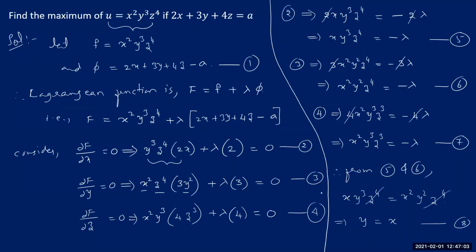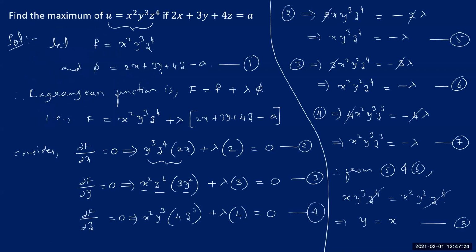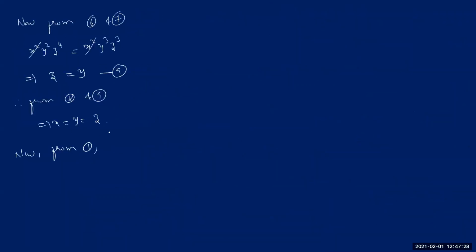When you look at equation 8, it is x is equal to y, and here it is y is equal to z. So from equations 8 and 9, we can write x is equal to y is equal to z. Now, from equation 1, see the condition you are given: 2x plus 3y plus 4z is equal to a. Here I am substituting x is equal to y is equal to z.